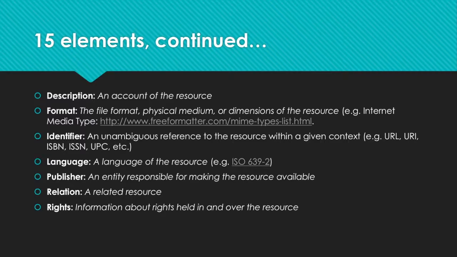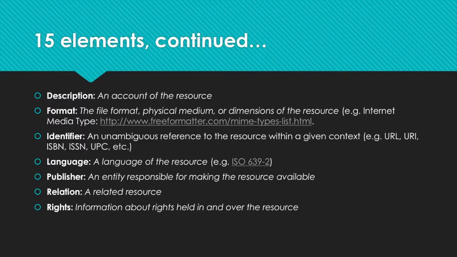And again, just to reiterate at this point, not all of these elements are necessarily used for any particular resource. They are repeatable. Again, the most important thing is that at least one of these property to value relationships exist. And also, depending on the system you're using, they may not appear in this order.